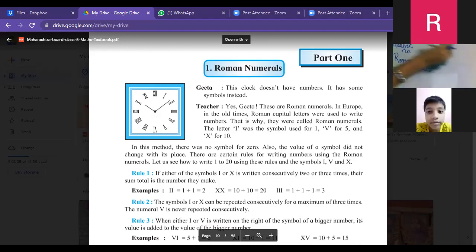Okay, you all take out your book and write down. Keep one separate notebook for maths. Whatever we are studying during the class, you copy in your notebook so that afterwards you can refer to it.